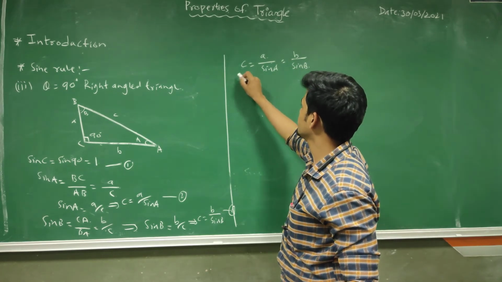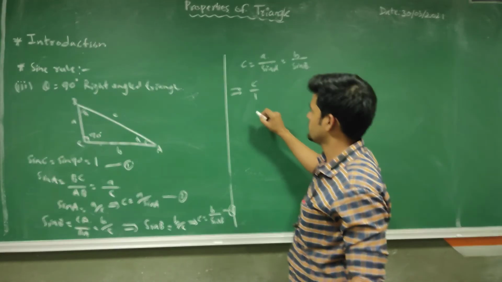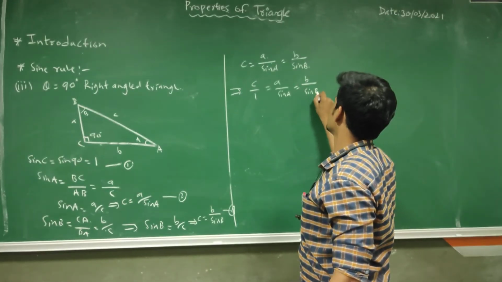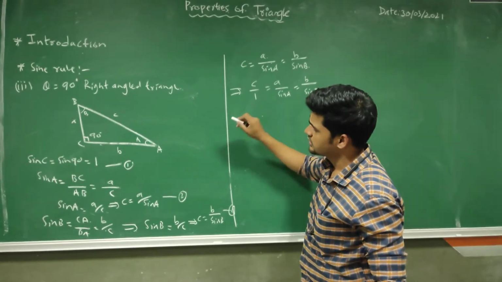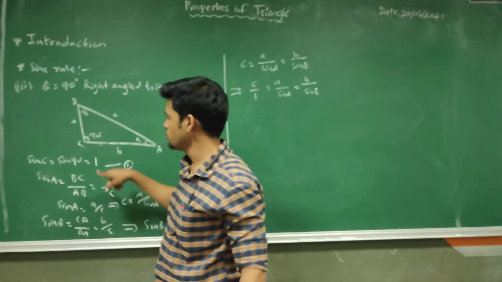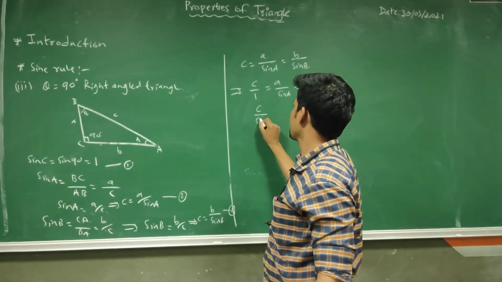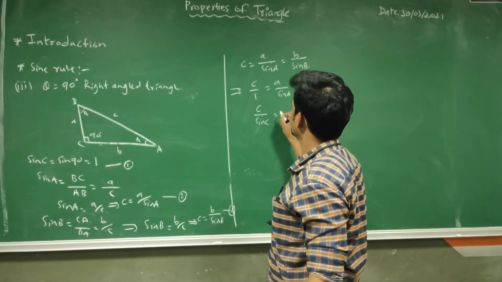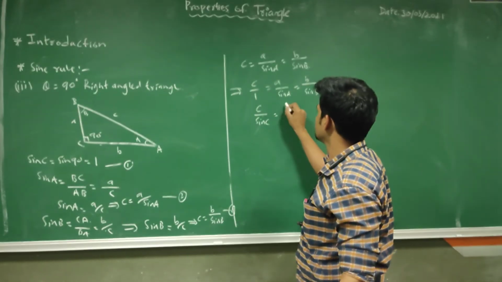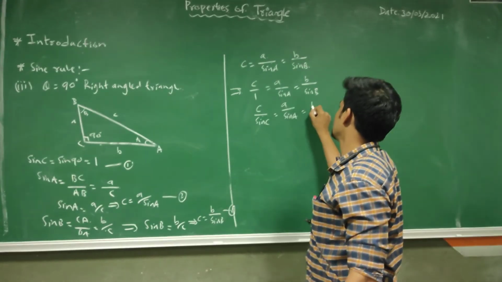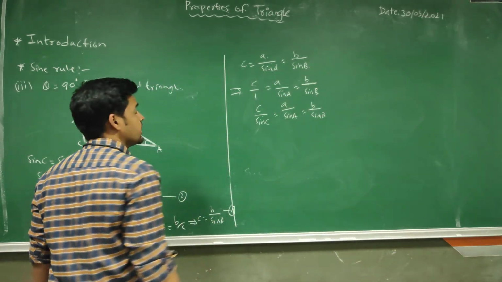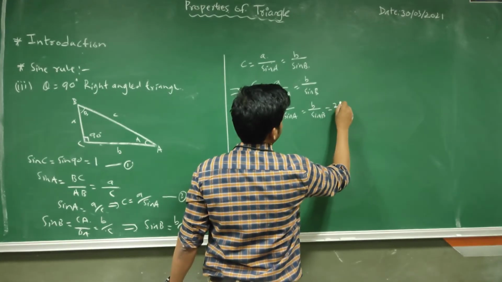And if I take C by 1, A by sin A is equal to B by sin B, then I can write sin C in the place of 1. Why? Because here we have taken that sin C is equal to 1. So taking C by sin C, A by sin A, and B by sin B, we got the same equation, you can see here, and I can write 2R.